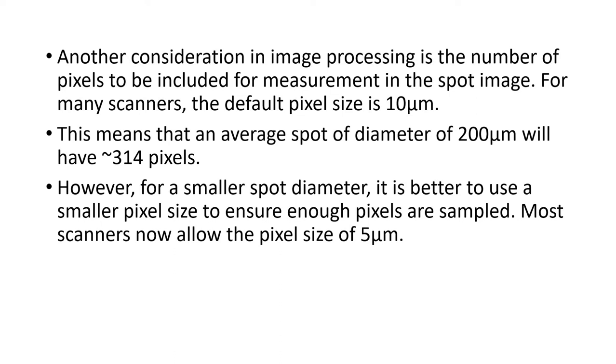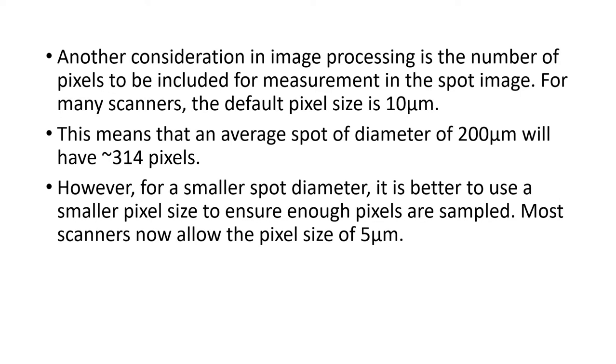This means that the average spot diameter is 200 micrometer, and this will have approximately 314 pixels. So this is the large area. Initially we used to take this size, 200 micrometer, for the analysis.